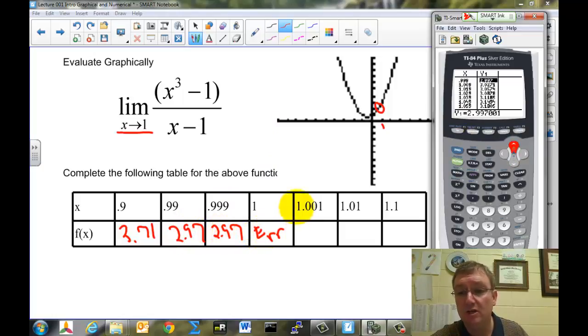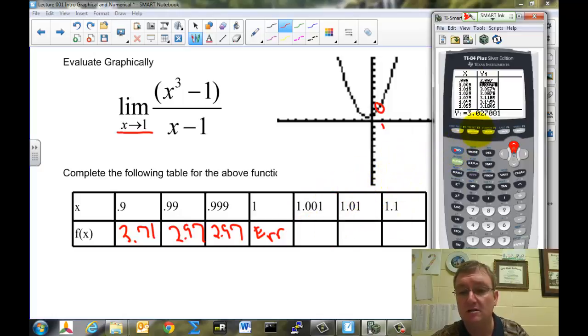And if you look in your chart up here, you'll notice that at 1.009, it's 3.02. Well, what if we go on down our list? Well, we don't have our numbers there. So let's get these numbers on the right side and see what happens with them.